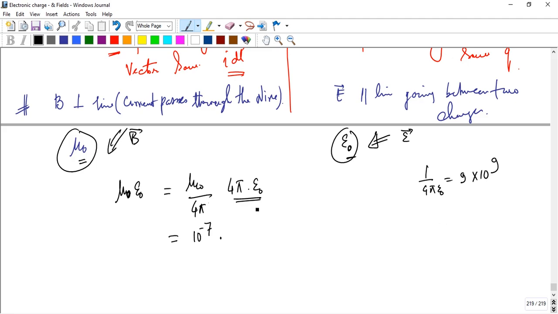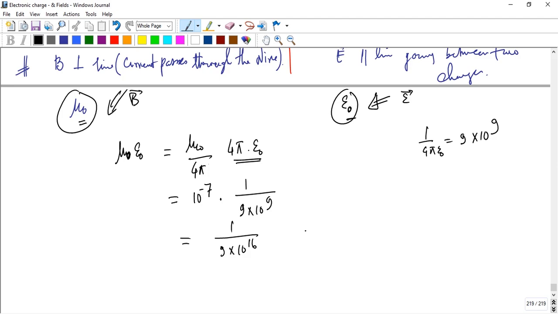And this is the reciprocal of this, means 1 by 9 into 10 to the power 9. Now I combine: 9 into 10 to the power 9 plus 7, that is 16, and that equals 3 into 10 to the power 8 whole square.